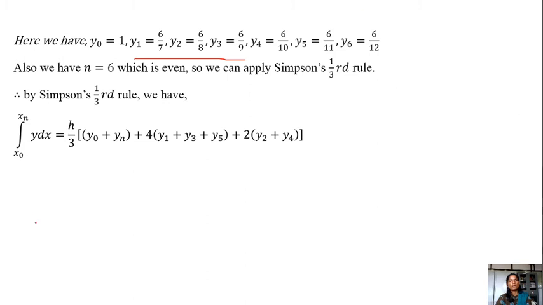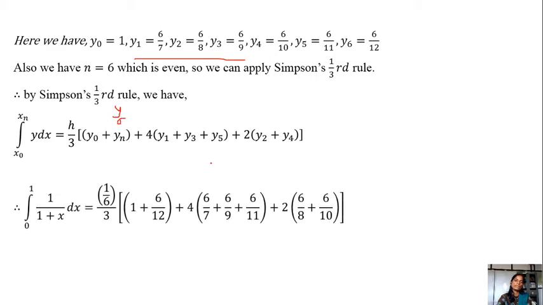Write the terms up to y5, included here, so that y0 plus, instead of yn, that must be your y6. Put all these values and simplify this, and you will get the answer 0.6931.